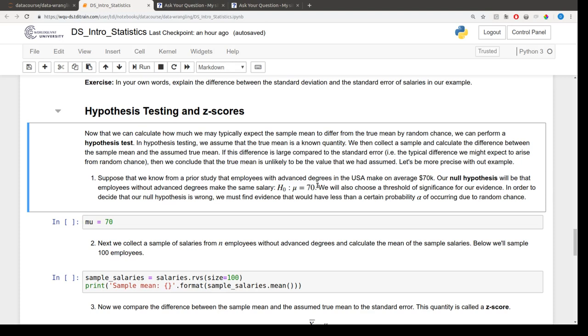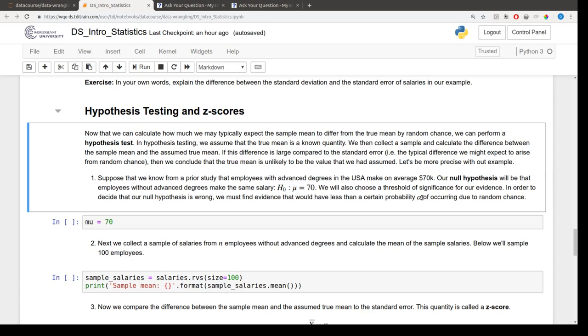In practice, what we'll usually do is say we will choose a probability called alpha that is typically small, and it's the probability that the difference we observe between the sample mean and the true mean, or the assumed true mean, the null hypothesis, is due purely to random chance.